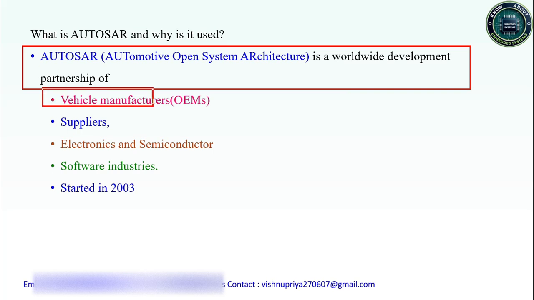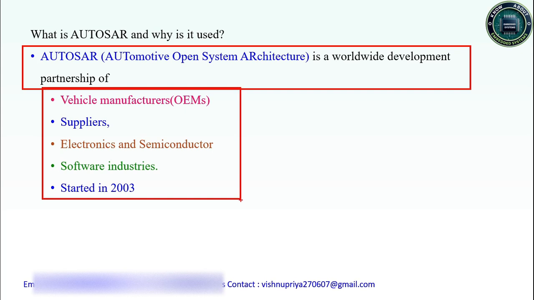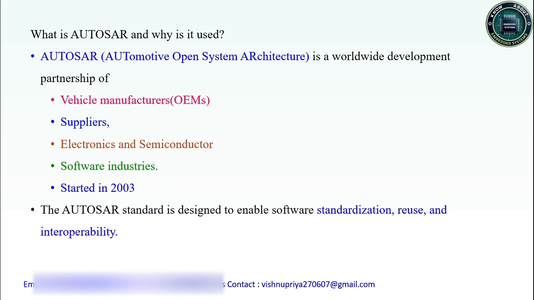These are the different stakeholders, like vehicle manufacturers and suppliers, nothing but ECU developers, electronics and semiconductor companies, and software industries. These are all the various stakeholders involved in defining the software architecture for AUTOSAR, nothing but the software architecture for your ECUs. AUTOSAR started in 2003. So this is a simplified definition.